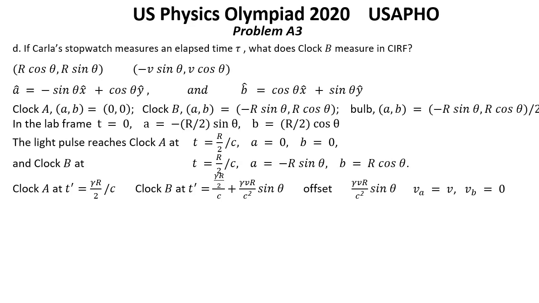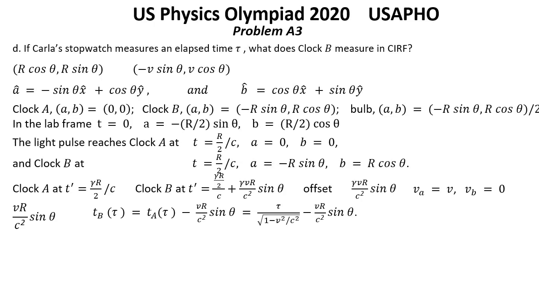Note that clock A ticks slower by a factor of gamma in this frame. Therefore, the time of clock B is v r over c squared sin theta behind the time on clock A. Then we have Tb(tau) equals Ta(tau) minus v r over c squared sin theta, or this expression.